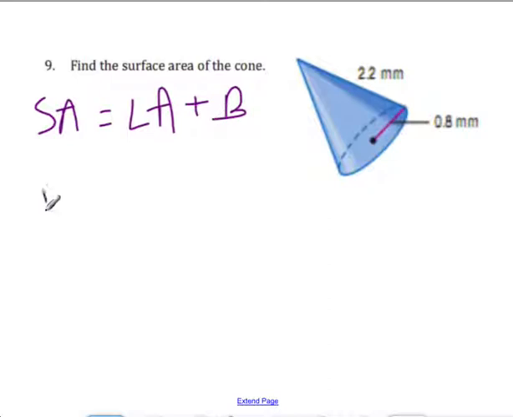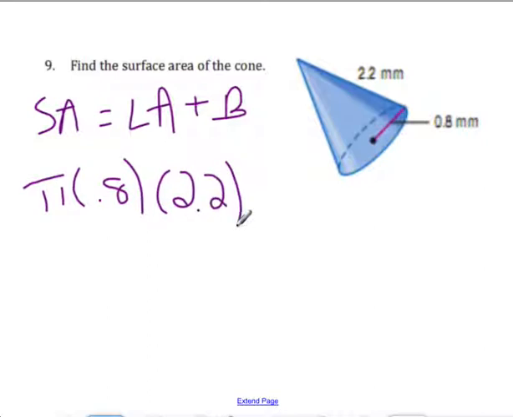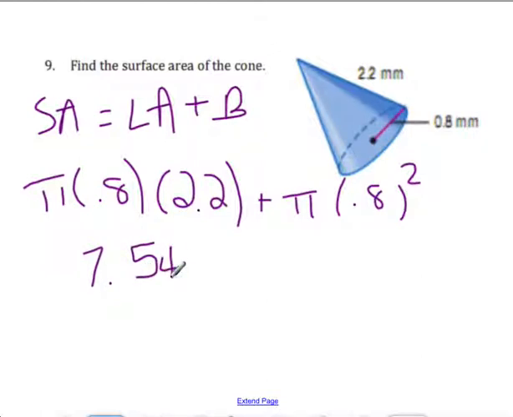So our lateral area is pi times our radius, which is 0.8, times our slant height, which is 2.2, plus the area of the base, which is pi times the radius squared. So I have pi times 0.8 times 2.2 plus pi times 0.8 squared. You can punch that all in your calculator, and I suggest you try it with me to make sure you're doing it correctly. And you end up getting 7.54, and then it's going to be millimeters squared.